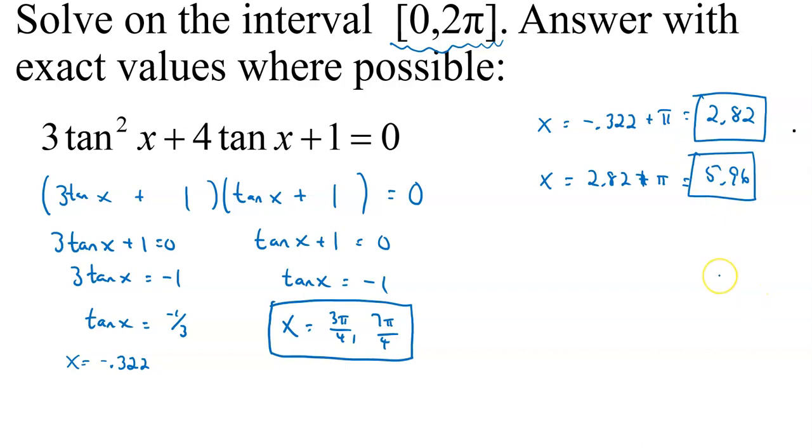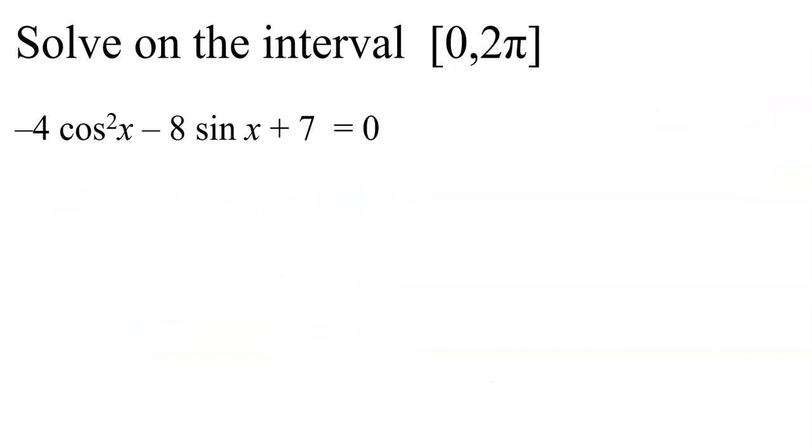So there's four answers. 3 pi over 4, 7 pi over 4 are my exact values, and then 2.82, 5.96 are my approximations, understanding that because of the restricted values for inverse tangent, my calculator didn't give me an answer on that interval, so I had to take the negative 0.322, add pi to get 2.82, add pi again to get 5.96 because the tangent has a period of pi.